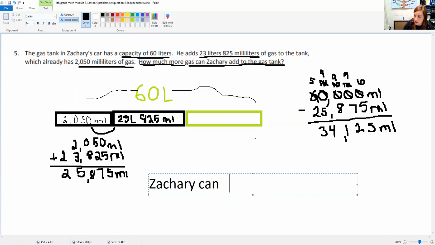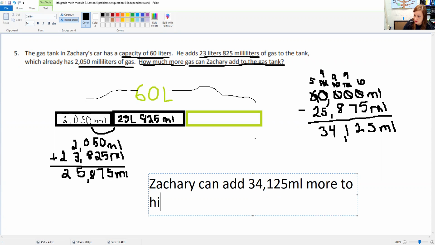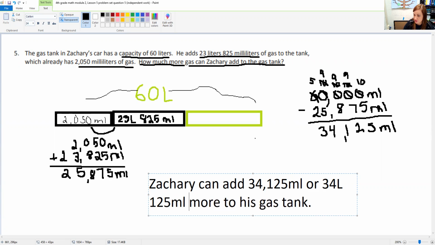Zachary can add 34,125 milliliters more to his gas tank. If I wanted to get real specific, I could say, or 34 liters, 125 milliliters more to his gas tank. Okay, so that's how you do that one.